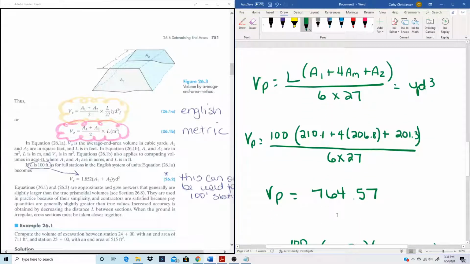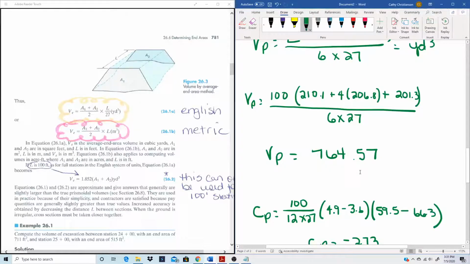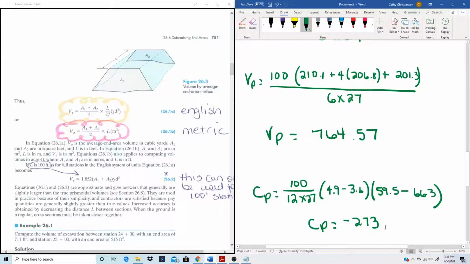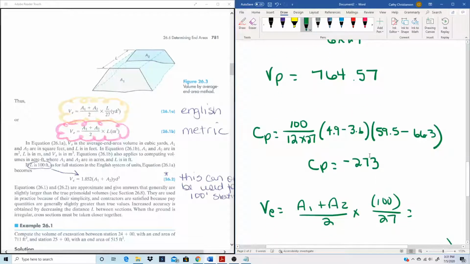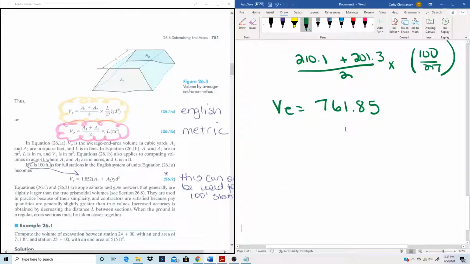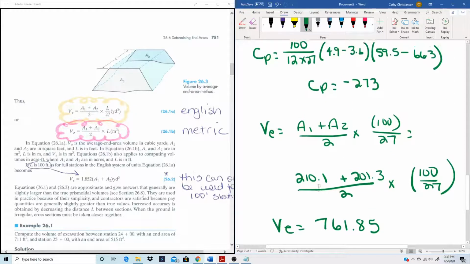So it must be that if I'd have kept it all the way out instead of rounding, we would have come up with the exact same number if we would have done this C sub P and subtracted it from the volume by averaged end areas. We should have got exactly what the V sub P was. Alright, so that kind of gives you a start on your outline, and I've just got a few other things I'll be adding.